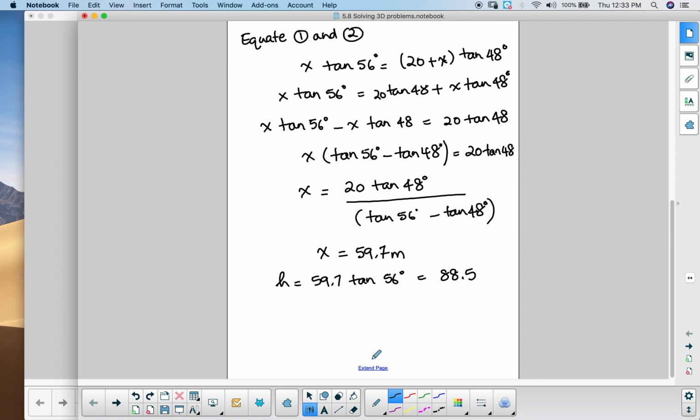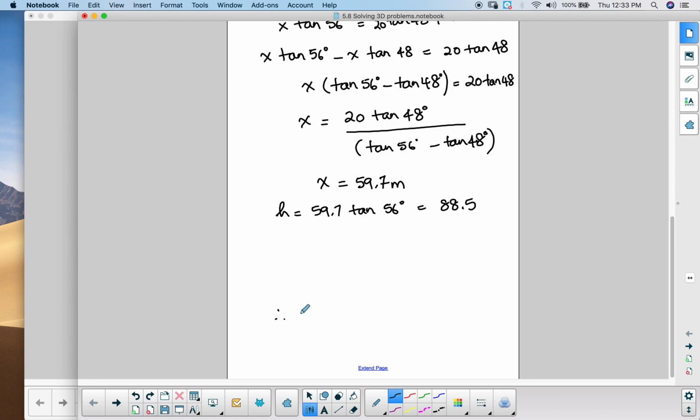Therefore, the height of the building is 88.5 meters. That's the answer.